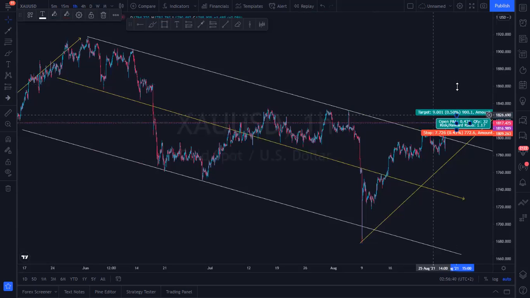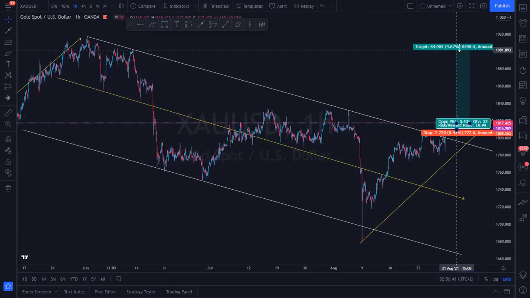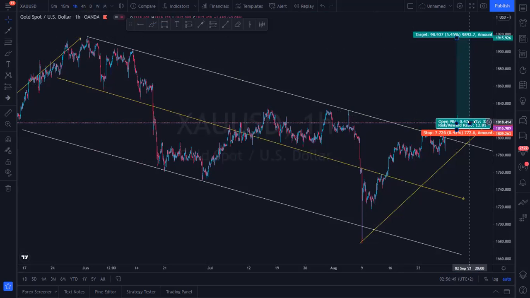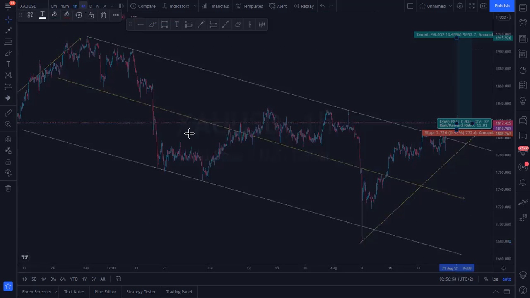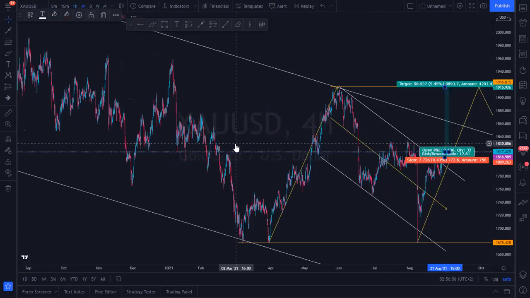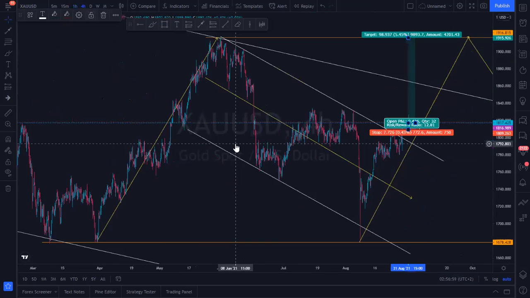And my first target will be at this level, just like that, at this resistance level. We'll go back to the 4-hour time frame and just see where I place my stop loss.